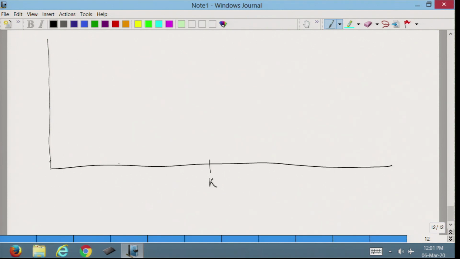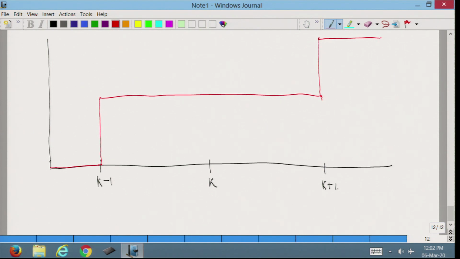Suppose this is k, this is k minus 1 and this is k plus 1. Therefore, x 1 will have a CDF which is 0 till k minus 1. At k minus 1 it jumps to half and then it continues till k plus 1 with half, then it jumps to 1 at k plus 1 and continues like that.